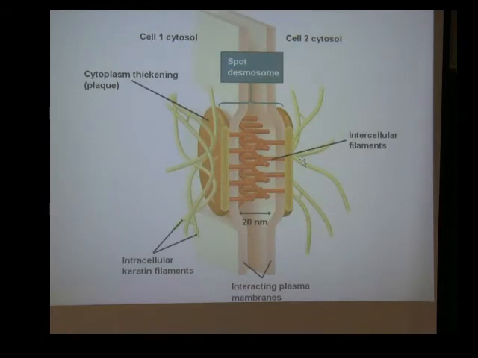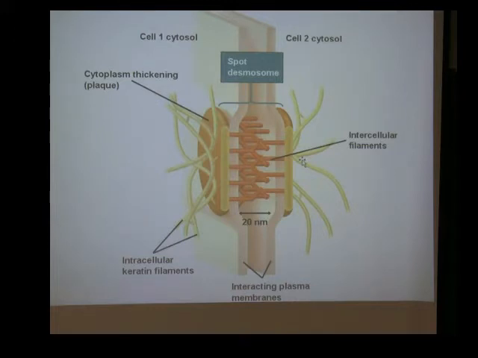Let's take a look at another structure called the desmosome. The desmosome, I like to think of it like the body's Velcro. Take a look at the way it's designed. These filaments interlock, and it's a sure close thing to Velcro. If you've ever seen Velcro up close, it's got all these little hooks on the end, and all you have to do is just barely touch those hooks, and they kind of grab on each other.